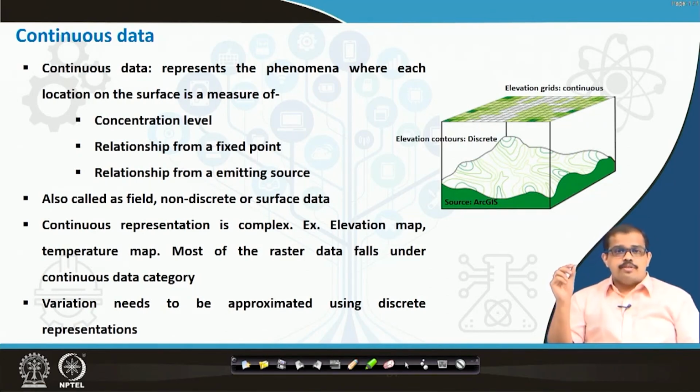So variation sometimes needs to be approximated using discrete representation. What you do is convert the continuous data into discrete data in order to show the variations. That is extremely important when you are handling continuous data.